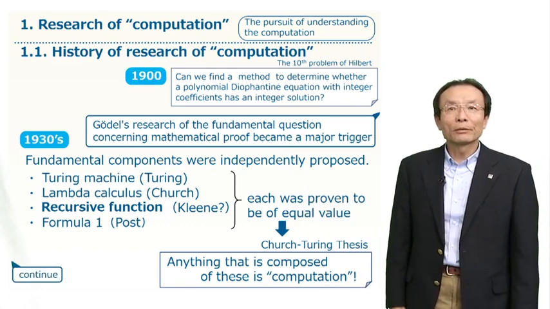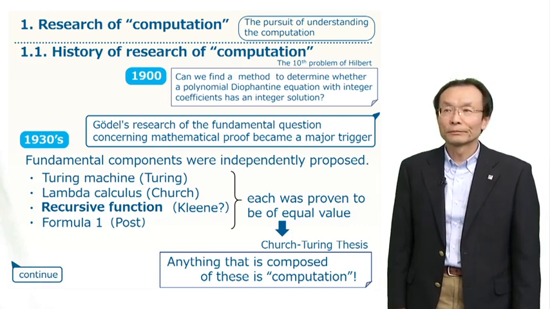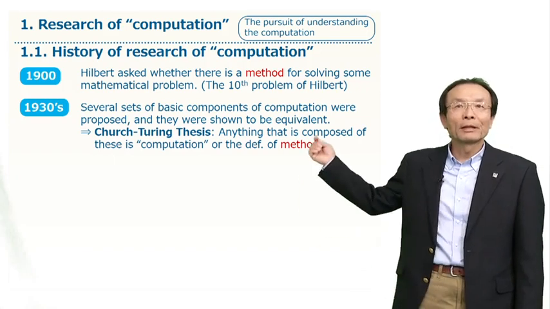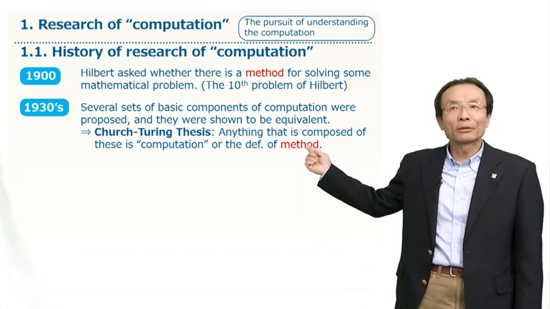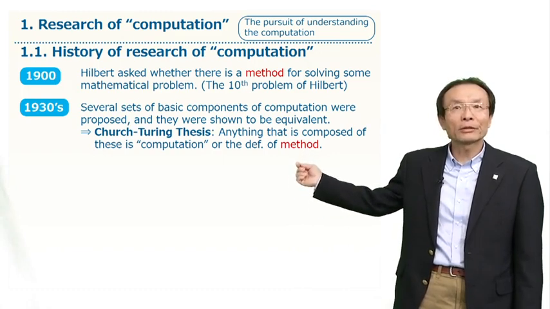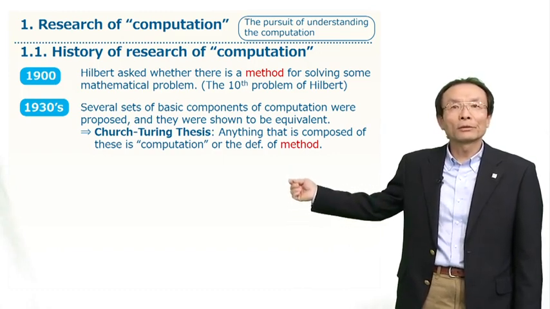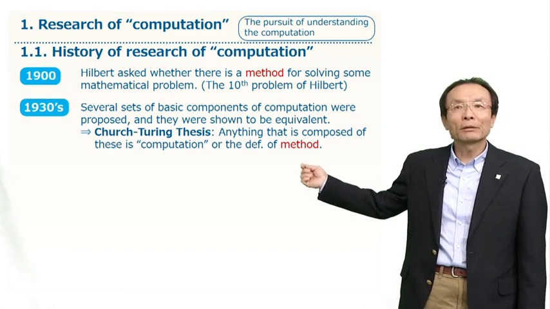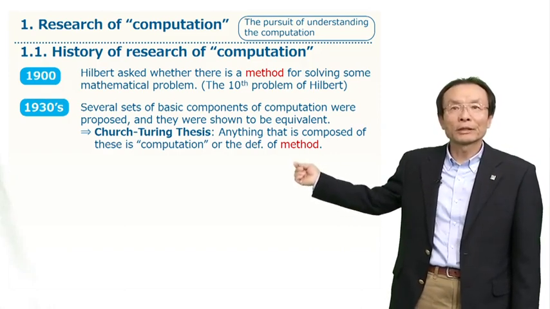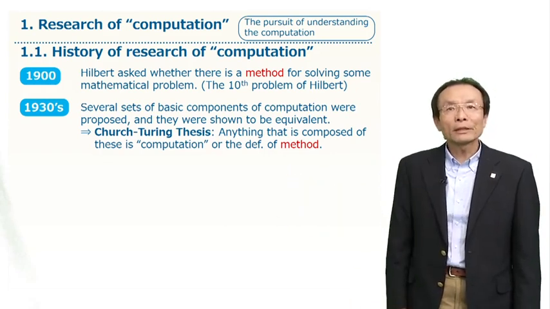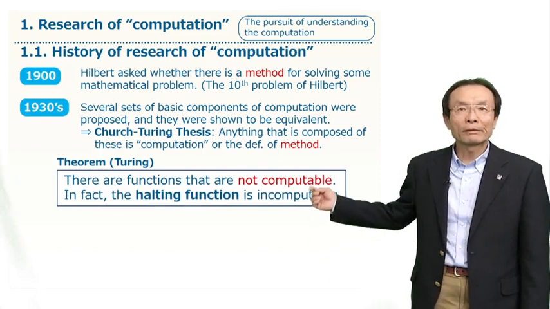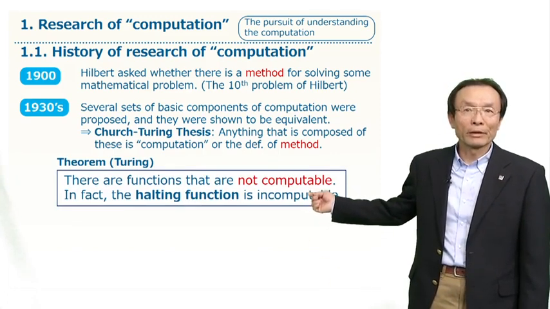Now, let me continue the history. So, starting from the 10th problem of Hilbert, mathematicians proposed various models of computation and realized that they are all essentially equivalent. So they concluded that it should be okay to define the notion of method or computation by any one of such models. What is more important of this investigation is the discovery of the following fact, stated as a theorem.